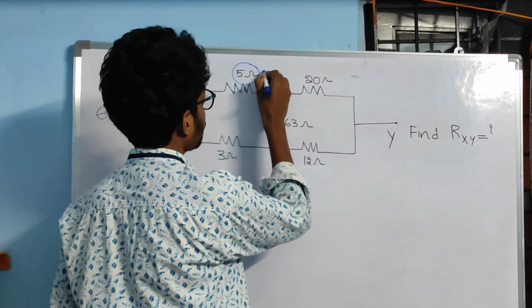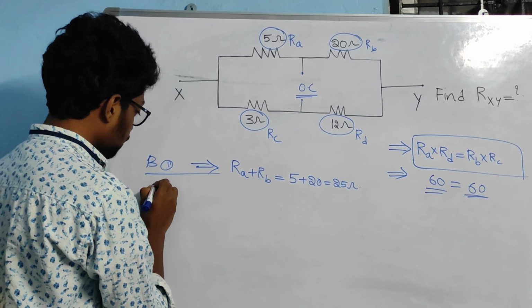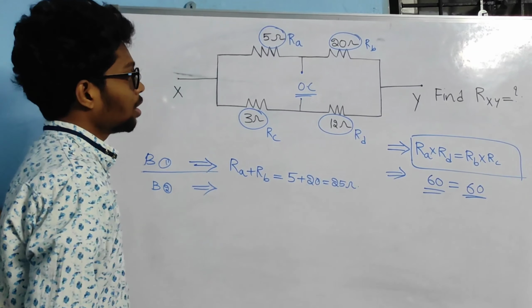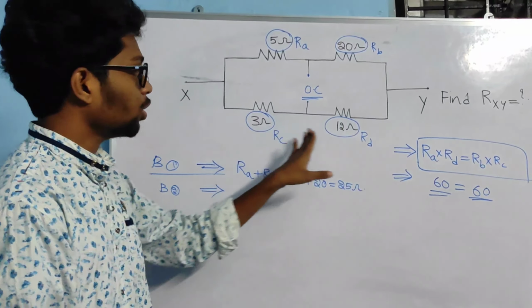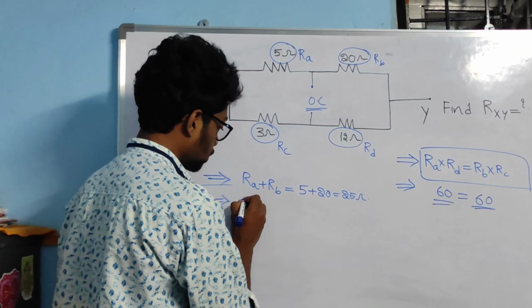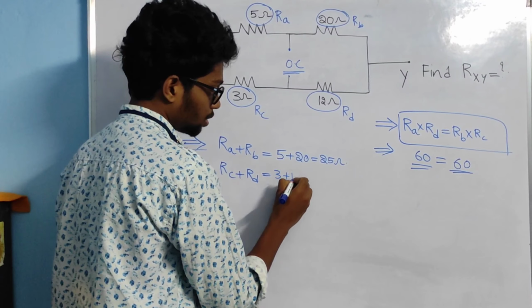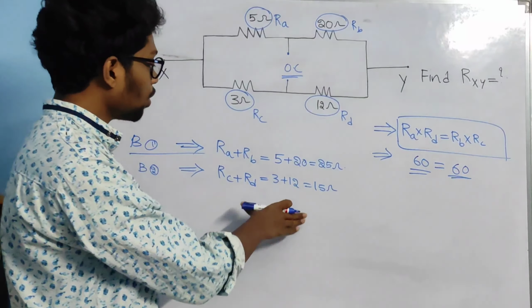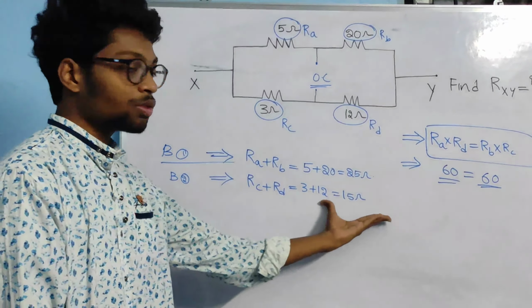For branch 2 equivalent resistance, we just add RC and RD, that is 3 ohms plus 12 ohms, equivalent to 15 ohms. So branch 1 equivalent resistance is 25 and branch 2 equivalent resistance is 15 ohms.